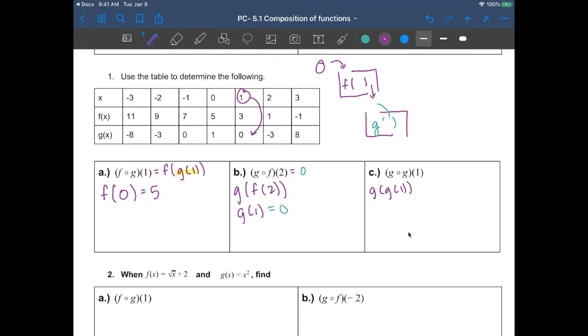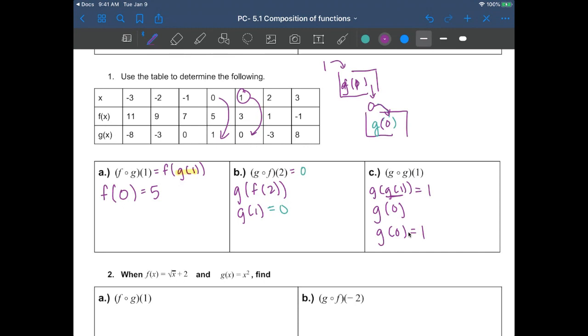Excuse me, I'm saying this wrong. g of 1 is 0. So then I'm going to plug 0 into g. I go to 0, and at 0, g is equal to 1. So g of g of 1 is 1, because the output for g of 1 was 0, and g of 0 is equal to 1.